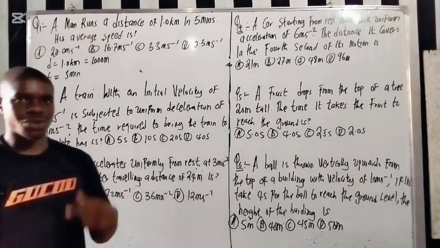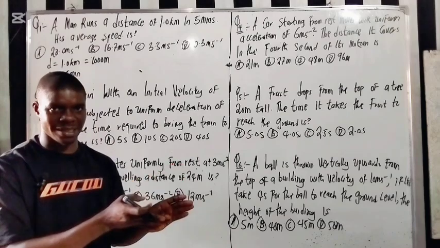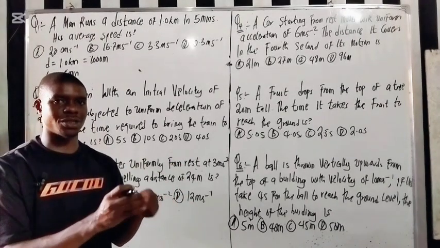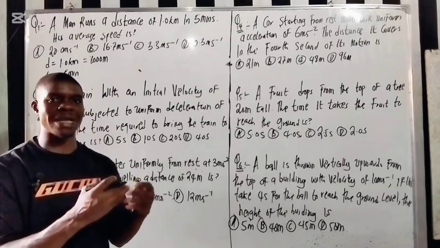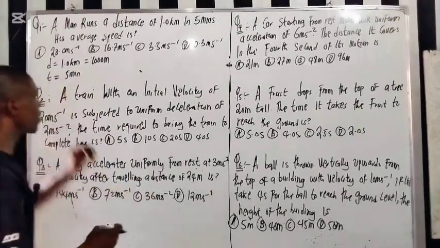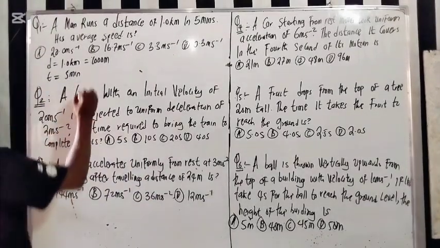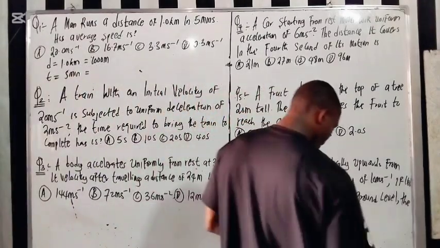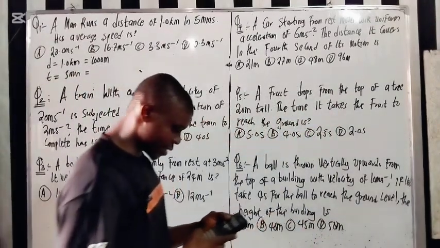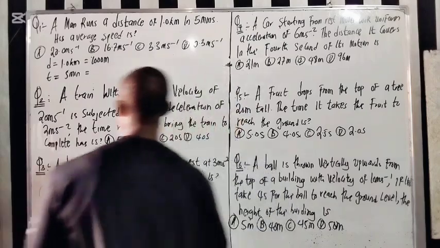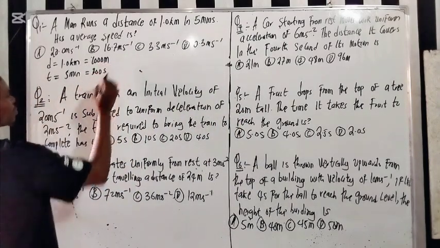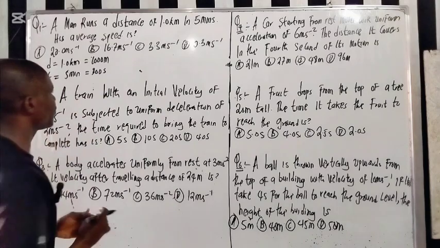To convert minutes to seconds, you multiply by 60, so 5 times 60 gives 300 seconds. So from here, let's apply the formula.